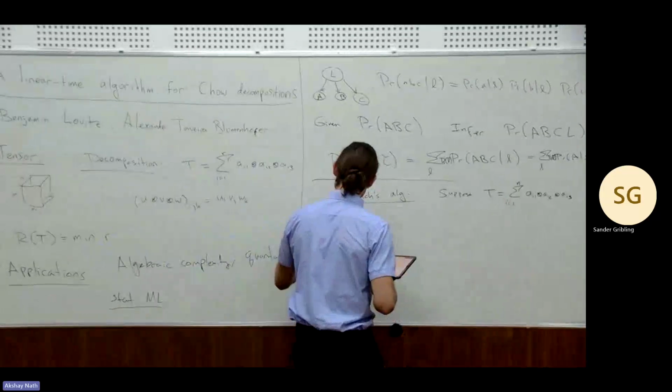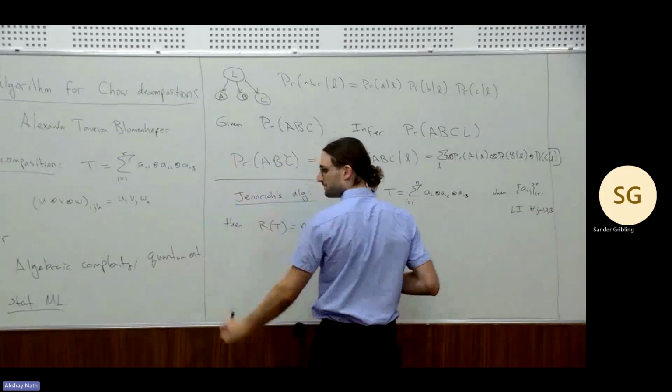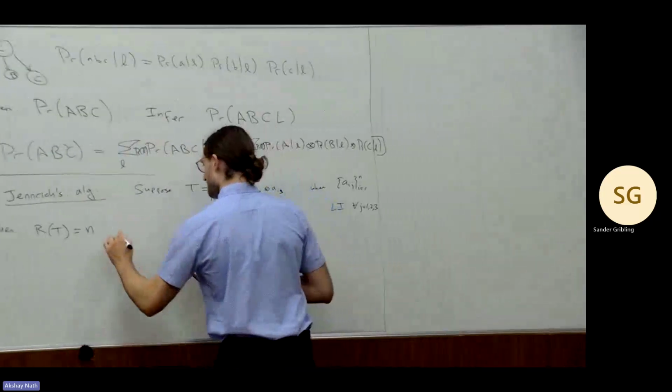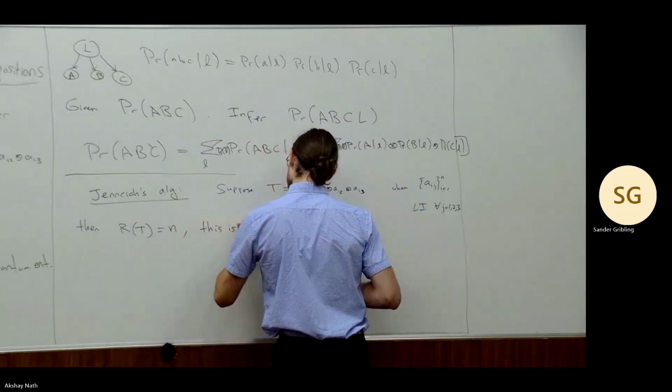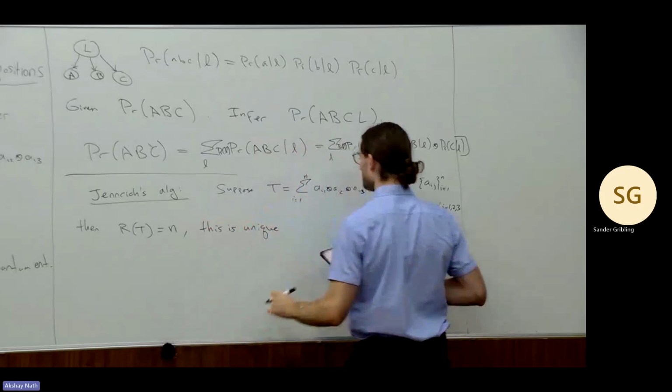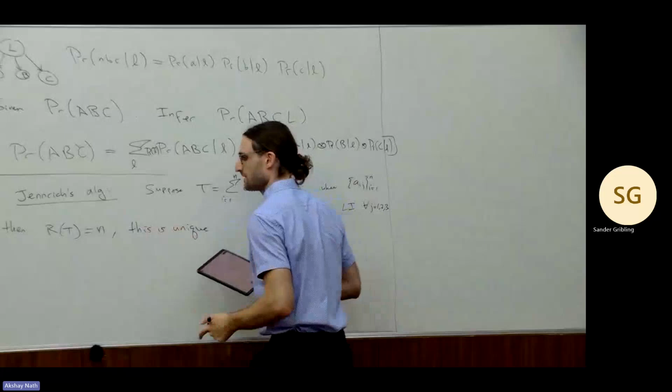Okay, so then the rank of T is equal to n, and this is actually the unique decomposition. This is the unique rank decomposition. I'll write it out.